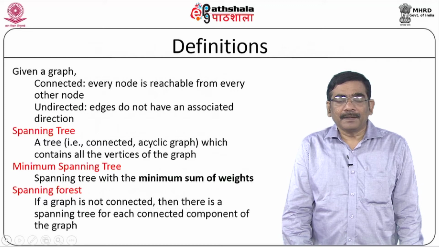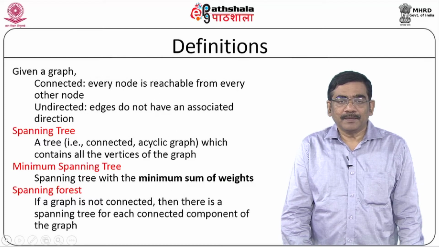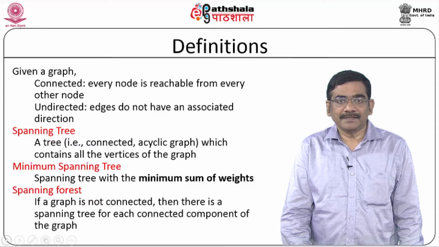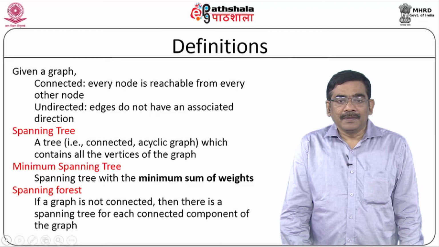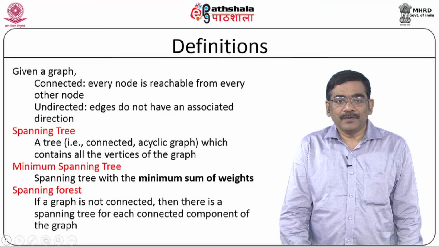So, the main objective of this particular module is to introduce the concepts of spanning tree. Let us review some of the basic definitions that are required in order to understand these two algorithms. Connected graph means every node is reachable from every other node.